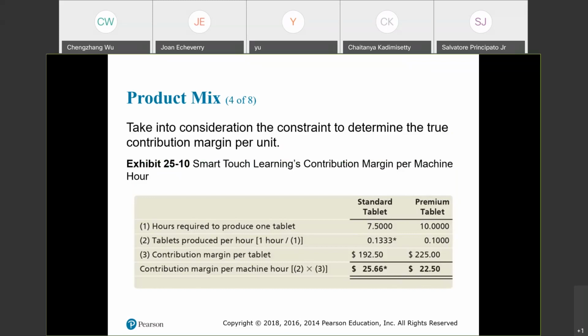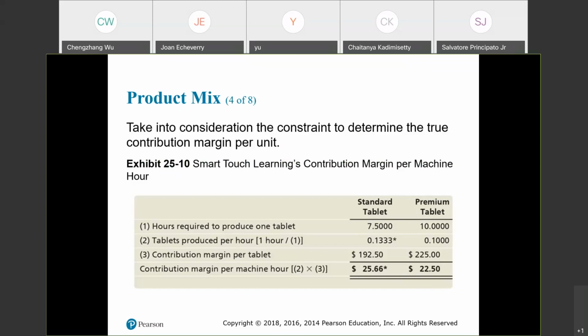In this case, because machine hours are the constraint, the company needs to figure out which product has the highest contribution margin per machine hour.